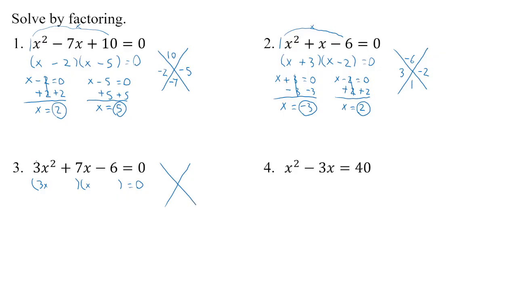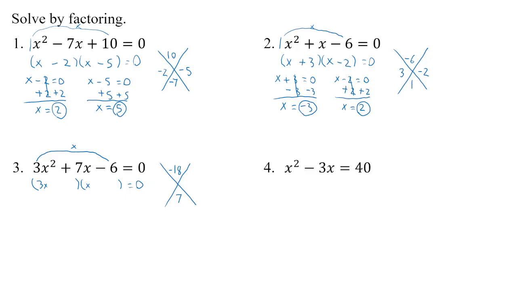Up top is the product of the leading coefficient and the constant. That's 3 times -6, which is -18, which we're going to put up top. On the bottom is the coefficient of the linear term, that is 7.